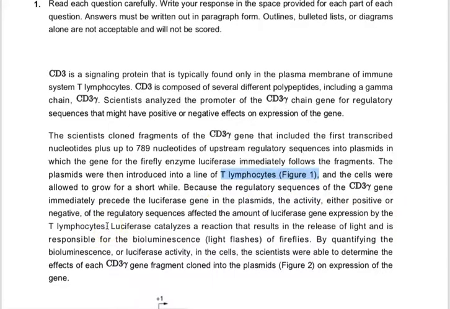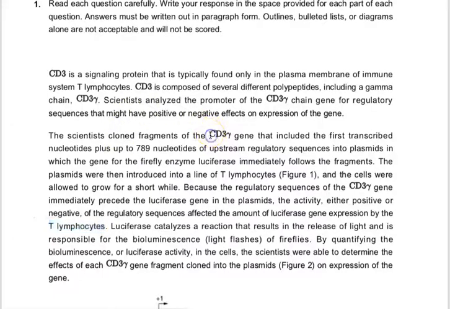So basically what it's telling you is that this insertion of this gene right next to this other gene, the firefly enzyme luciferase gene, will affect how much luciferase, the enzyme luciferase, is expressed or how much it is not expressed in these T lymphocytes. So there's a lot of components here that you need to consider.